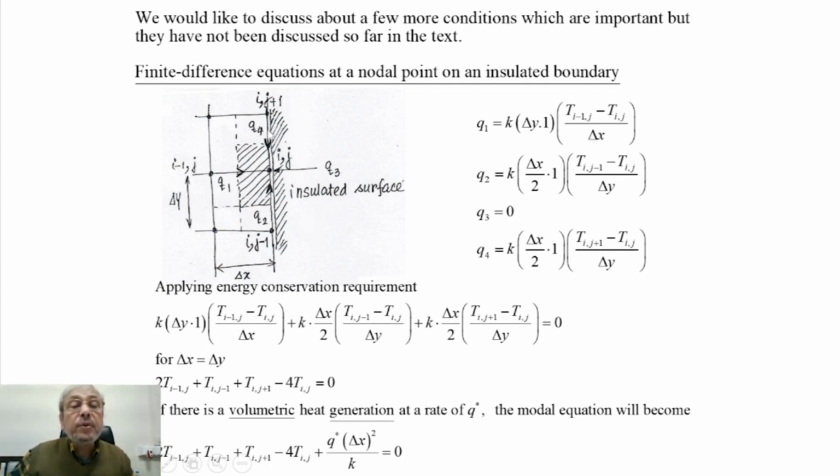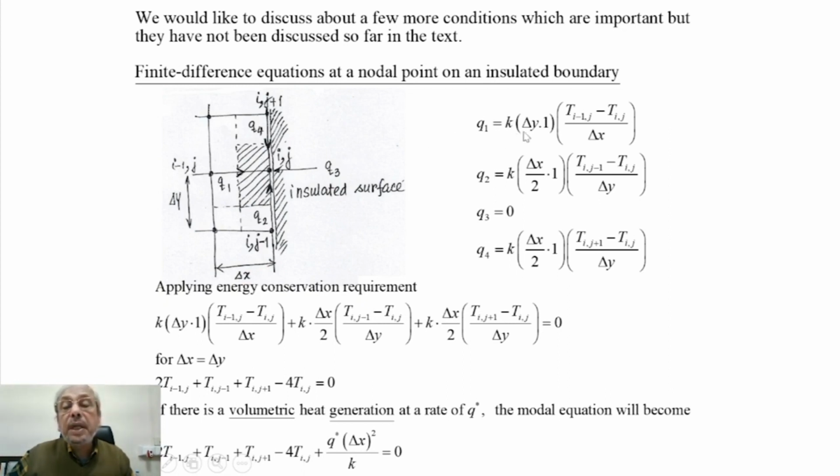Ij is a point of interest. Ij plus 1 is the northern neighboring point. Ij minus 1 is the southern neighboring point. I minus 1j is the western neighboring point. And then we will consider Q1, Q2, Q3, Q4 to this node.